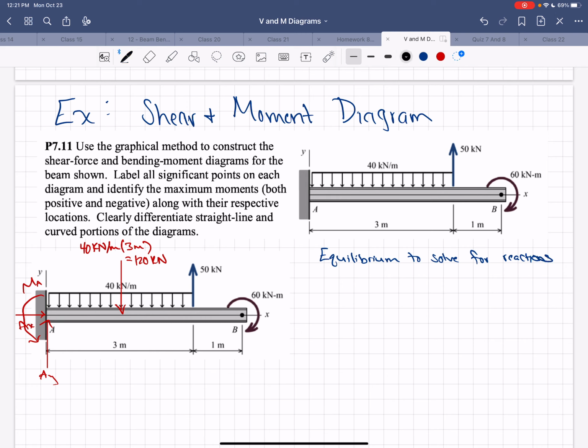So we have the sum of the moments about A equals 0, equals the reaction moment at A, which is a positive MA the way I have it drawn, minus the 120 kilonewtons that is acting half the distance since it's a uniform load, so 1.5 meters from A. 120 times 1.5 meters.